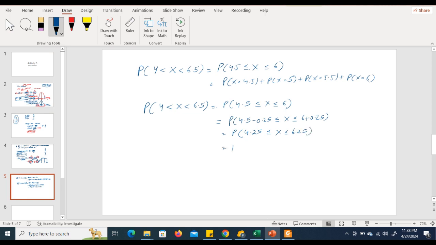Then we subtract mu, the population mean, and divide by the standard deviation, x minus mu upon sigma.